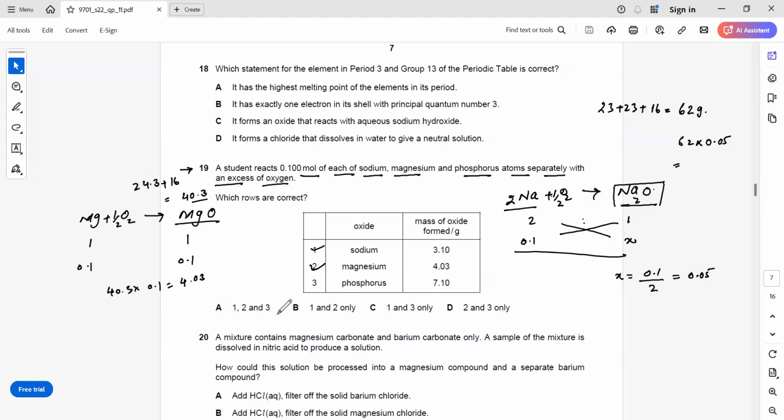Okay, now let's see phosphorus. When phosphorus reacts with oxygen, it gives its oxide, P2O5. I can write 2.5 and 2 here to balance it. P2O5, so the ratio is 2 and 1.